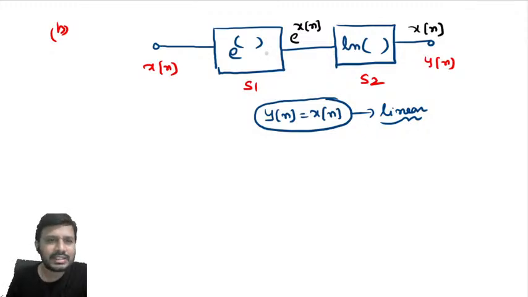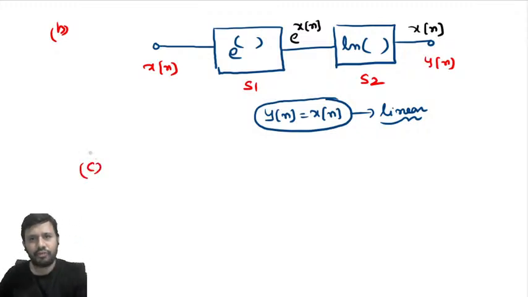The overall system may be linear or may not be. This is the answer for the second one.